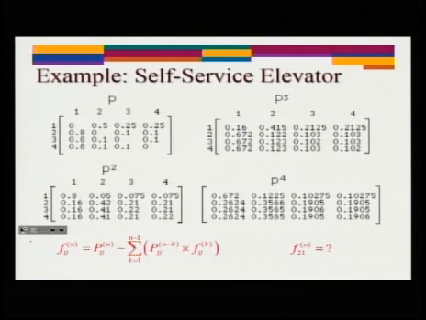Now, using all of this information, let's compute the first passage probabilities, which is f sub 21, specifically f sub 21 to the nth power. So we're going to use the recursive computation that I mentioned earlier.